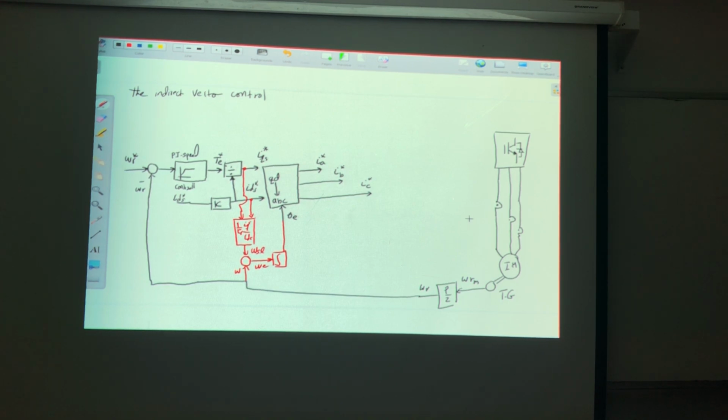Okay. Now, this is the phase A. I measure the phase A and compare it with the actual current. Here, I will measure the phase B and compare it with the actual current.